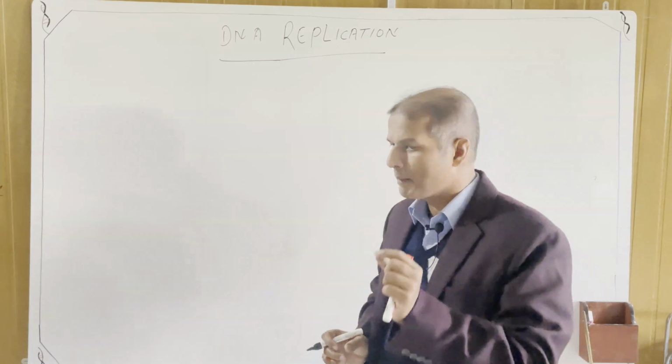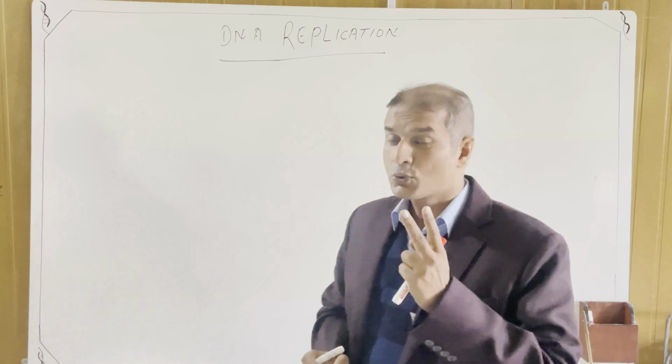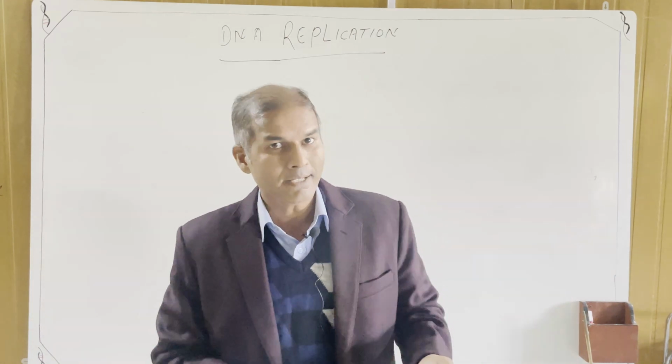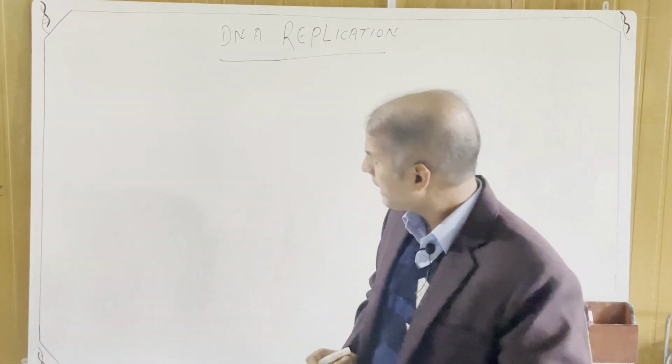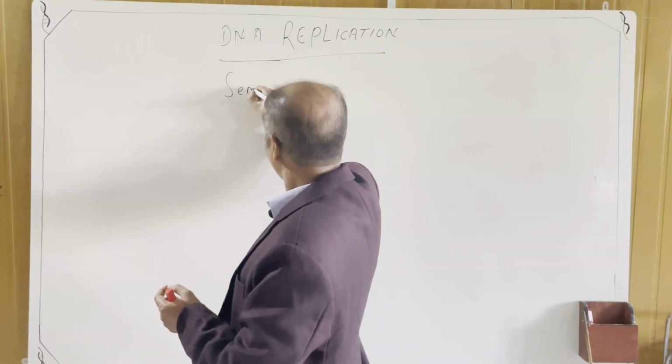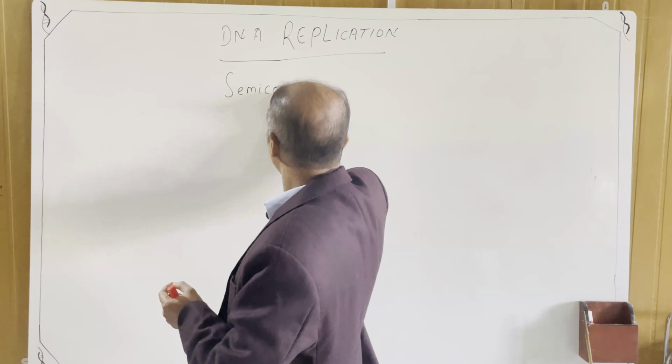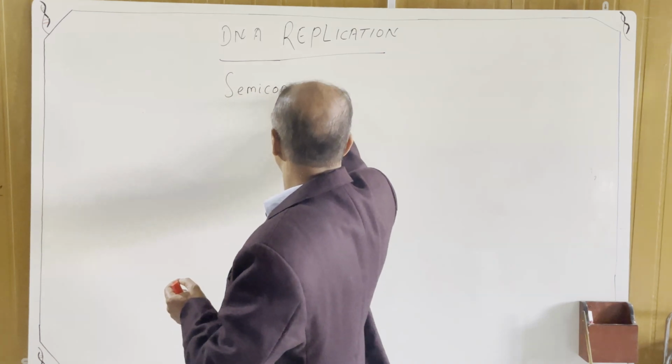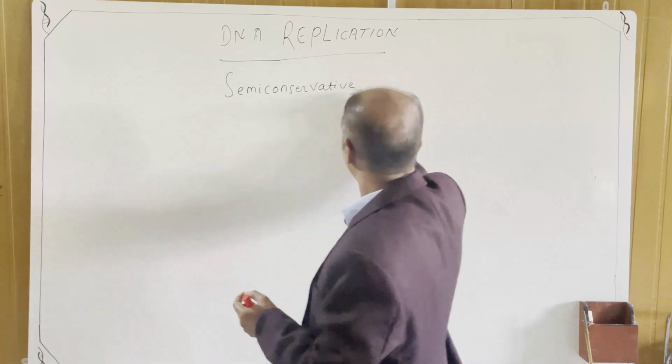So by the process of replication, we are going to get two daughter DNA from one parent DNA. Another important point is that this process of replication is called semi-conservative replication.